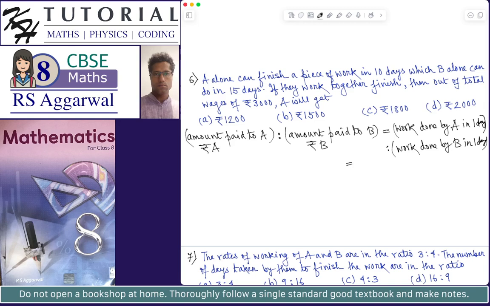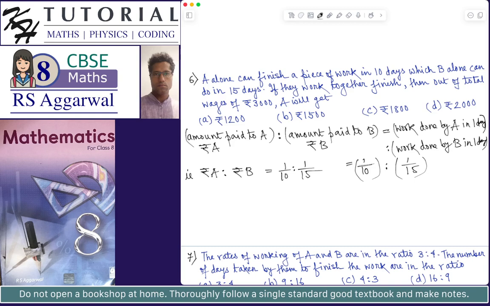We know that the work done by A in one day will be 1 by 10, is to the work done by B in one day, which will be 1 by 15. So rupees A is to rupees B is in proportion to 1 by 10 is to 1 by 15.